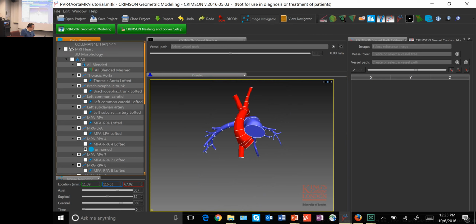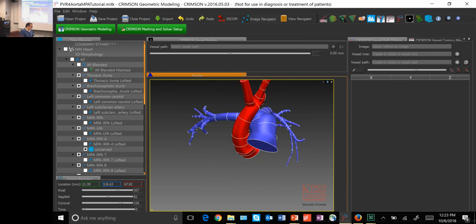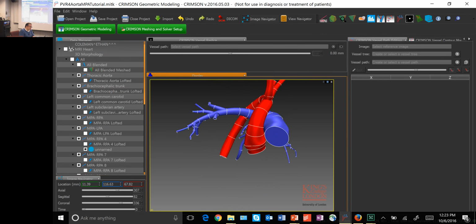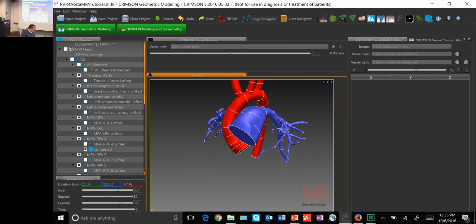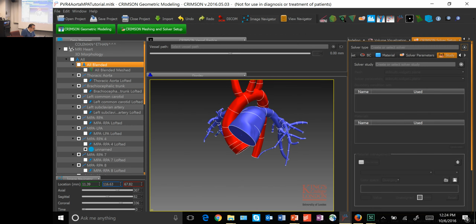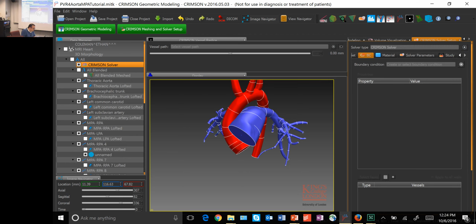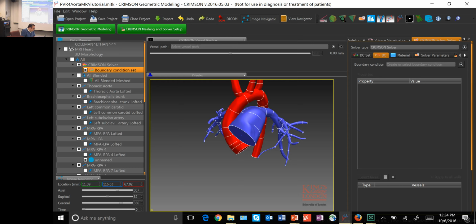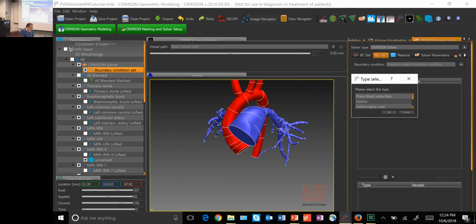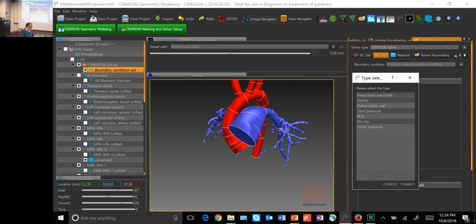I'll show you how this boundary condition editor works. The idea is that at every single outflow branch, you need to come up with a model, right? So you have to be here, and here, and here. So you basically get to choose from a series of boundary condition types. You can still apply a velocity boundary condition.